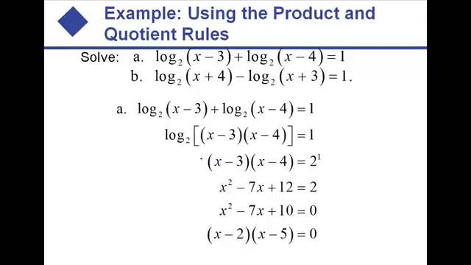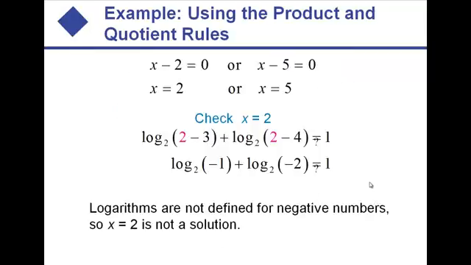And now that we have one log and one number, we know that it's this base to this power equals that stuff. So 2 to the 1 equals that stuff, or 2 equals this stuff. We squared it all out to get this nice thing. We moved the 2 over because we recognize this is a quadratic and said, got to set it equal to 0 because that's the only way I can solve a quadratic. Factor it out, get my two solutions, and check them.